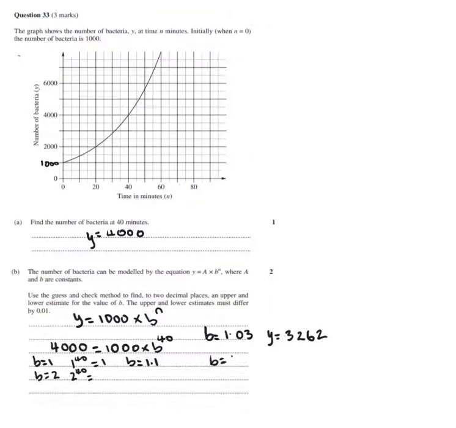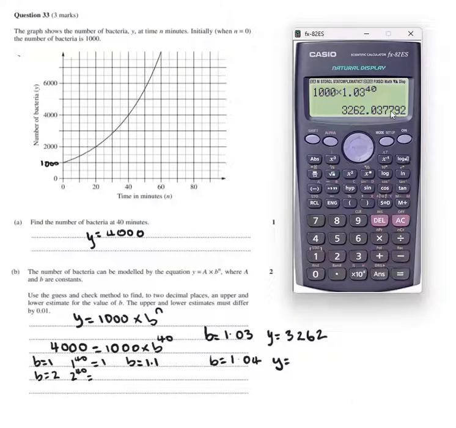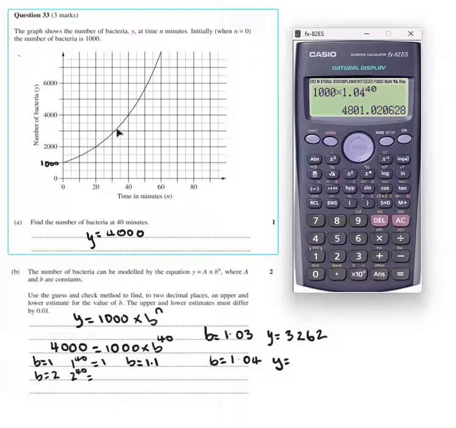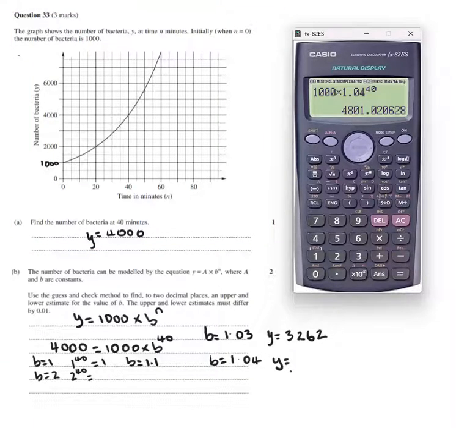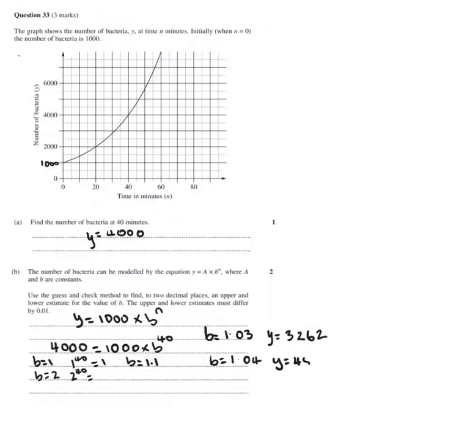Why don't we try just one up from that? 1.04. y equals, grab our calculator, and delete the 3, change it to a 4, and that gives us 4,801, which is a closer approximation to what we wanted. So let me write that down, 4,801.